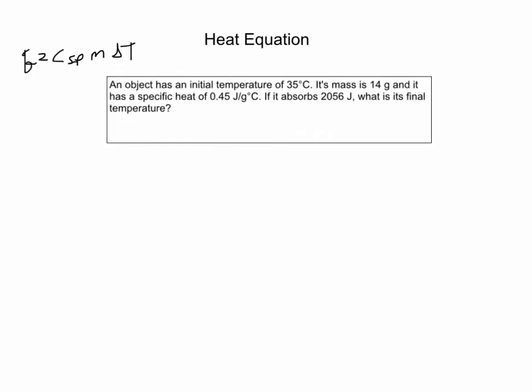Let's look at one more sample problem. So here we have an object that has an initial temperature of 35 degrees Celsius, its mass is 14 grams, and it has a specific heat of 0.45 joules per gram degrees Celsius. If it absorbs 2056 joules, what is its final temperature? So we'll make a list of our variables.